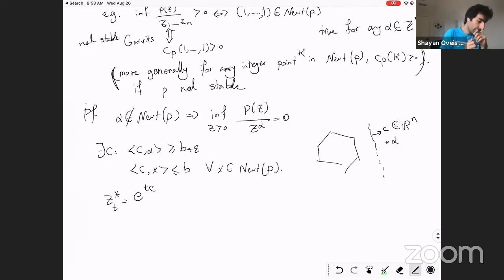Again, this is a vector version. The notation gets confusing, so what I mean is that the ith coordinate of this vector is equal to e to the t times c_i. Okay, so that's what I mean.